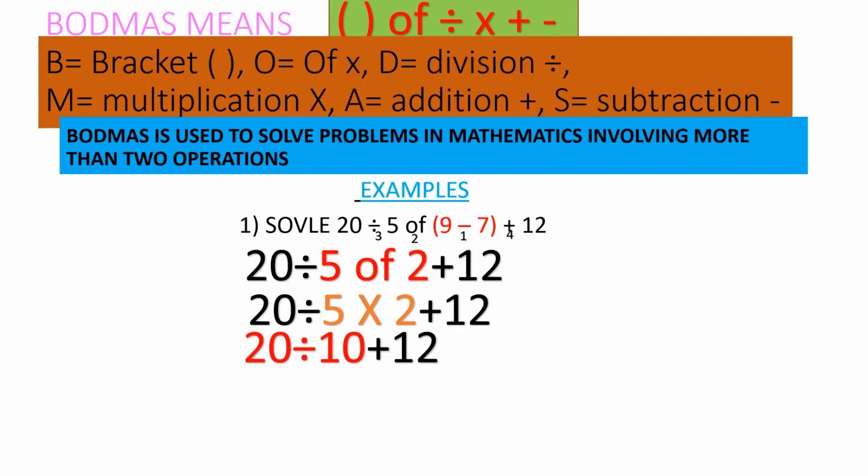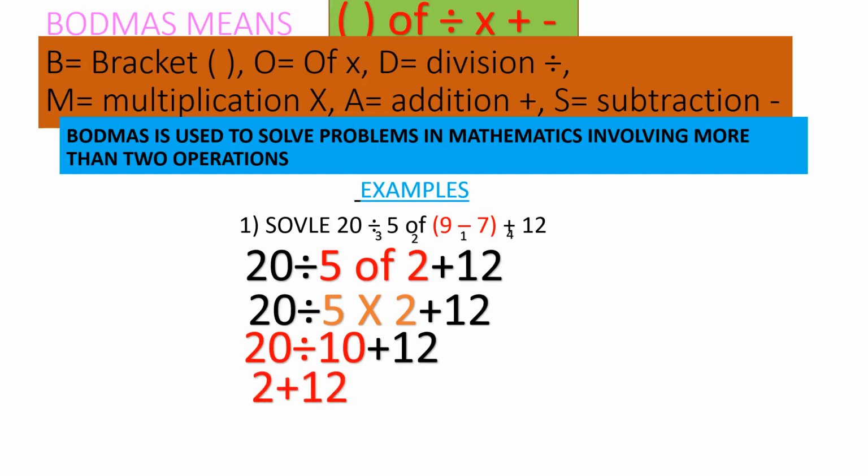Now the next thing that I'm going to solve is divided by, and divided by is in the middle of 20 and 10, which means 20 divided by 10. So 20 divided by 10 is going to give us 2.